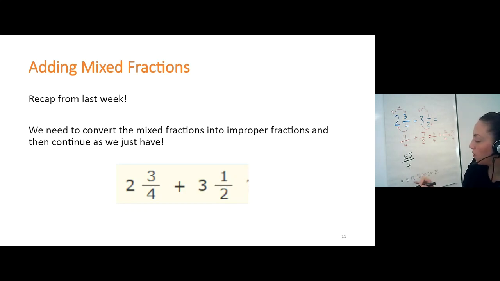So 4 goes into 25, 1, 2, 3, 4, 5, 6 whole times, with 1 left, because there's 1 left between 24 and 25, 1/4. So well done if anybody did that, recapping from last week, which is fabulous. So we have 2 3/4 plus 3 1/2 equals 6 1/4.